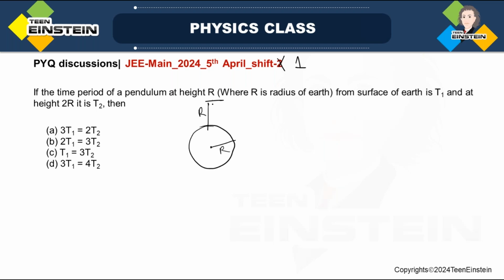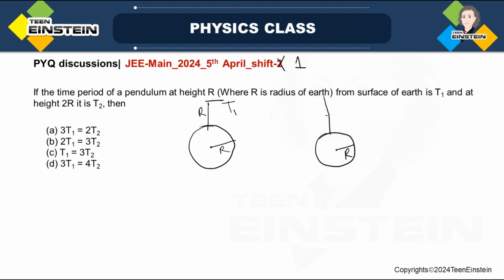At this height, he has measured the time period of the pendulum to be t1, and later he has moved to a height of 2r from the earth surface.